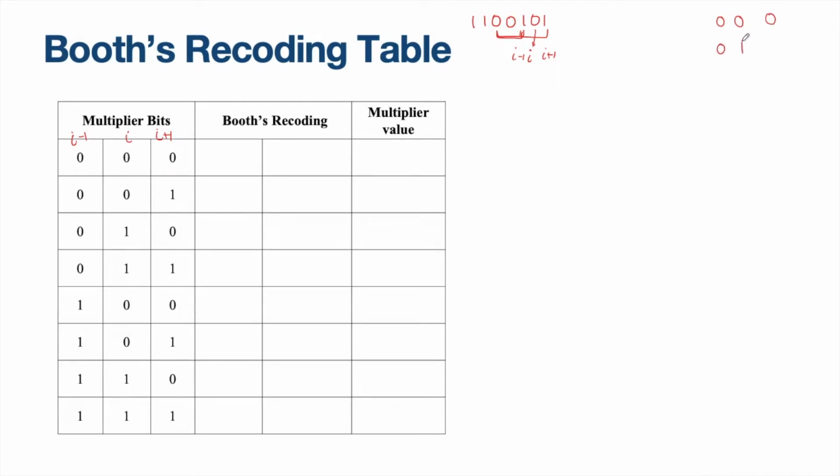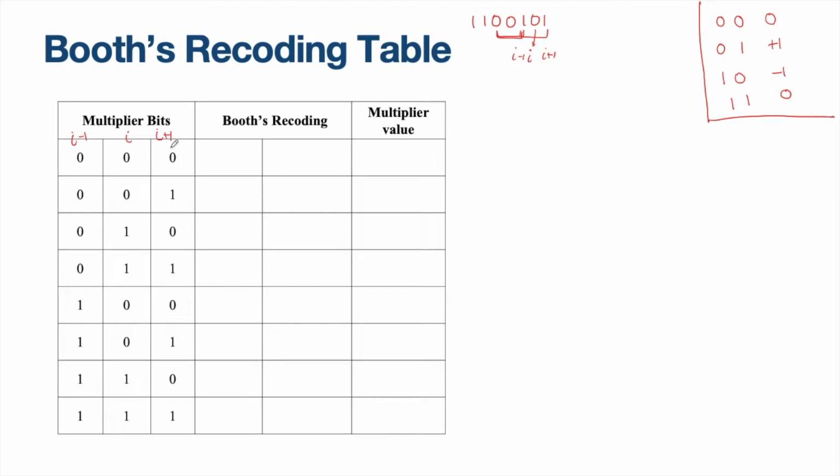Whenever there is a transition from 1 to 0, the recoded value will be plus 1. Whenever there is a transition from 0 to 1, it will be minus 1. When the transition is from 1 to 1, it is again 0. We have to remember this in order to recode.